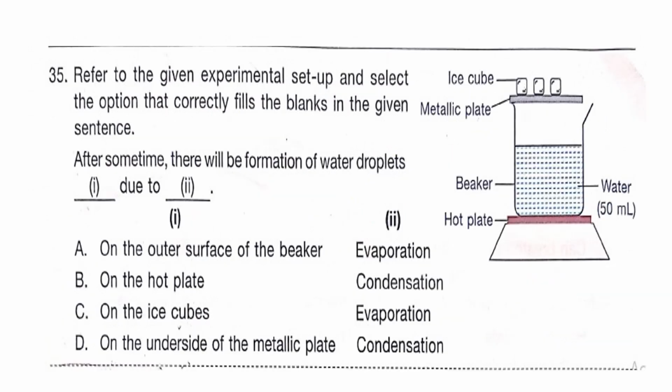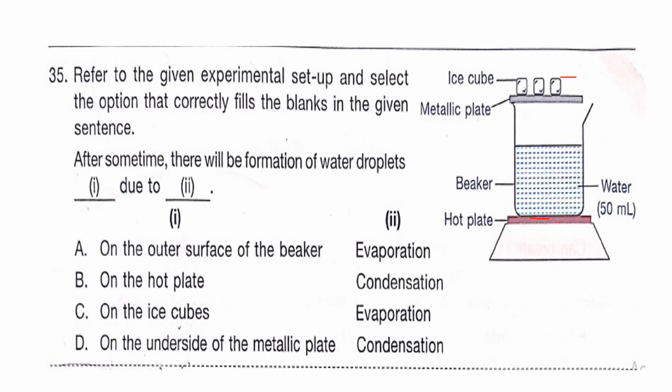Question number 35. Refer to the given experiment setup and select the option that correctly fills the blanks in the given sentence. After some time, there will be formation of water droplets 1 due to 2. Here, this is a hot plate and water in a beaker. Here is ice.